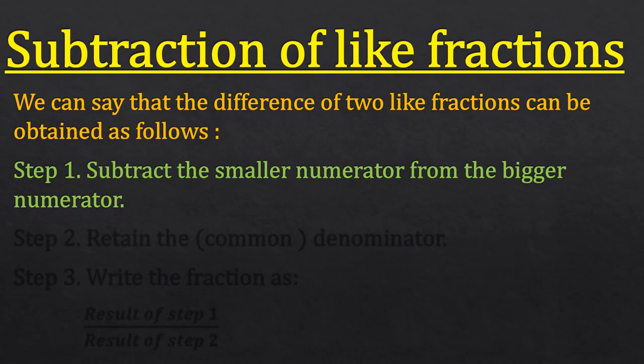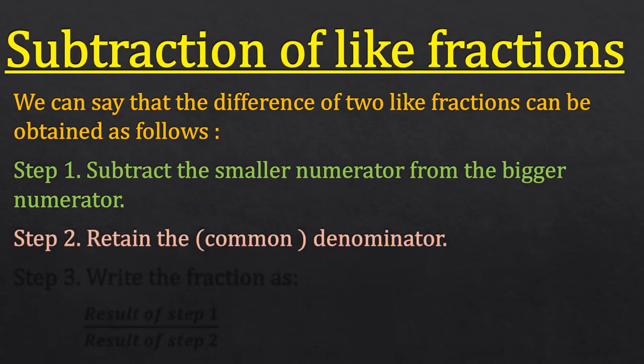As in addition we just add the numerators, but in subtraction, we know that we have to subtract the smaller number from the bigger one. So this we have to keep in our mind. Our second step is retain the common denominator. Same step. As they are like fractions, denominators are same. So we will write down one denominator.